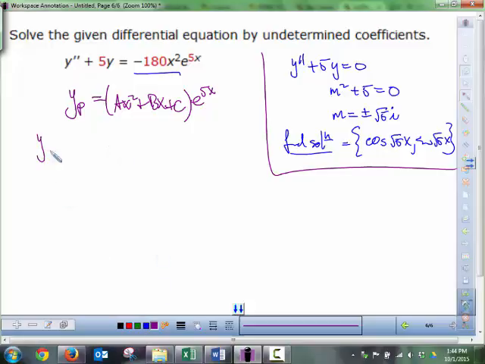So first derivative: derivative of the first, that's 2ax plus b, times the second, e to the 5x, plus the first, the whole thing, ax squared plus bx plus c, times the derivative of the second, so that's e to the 5x times 5.